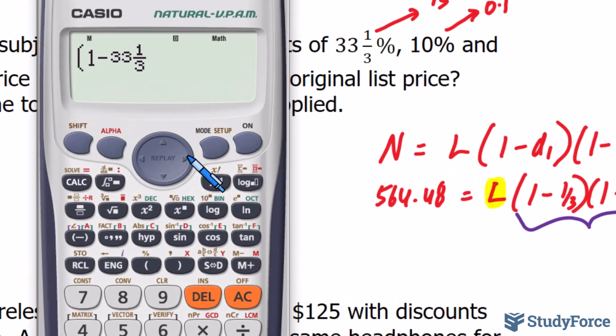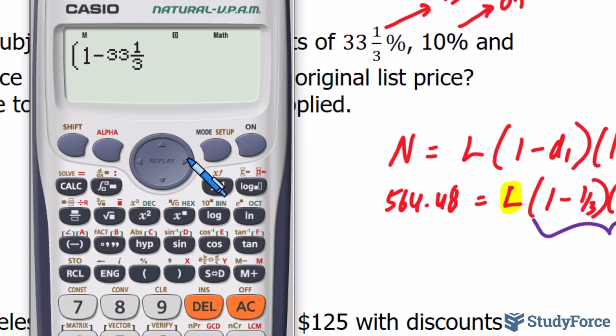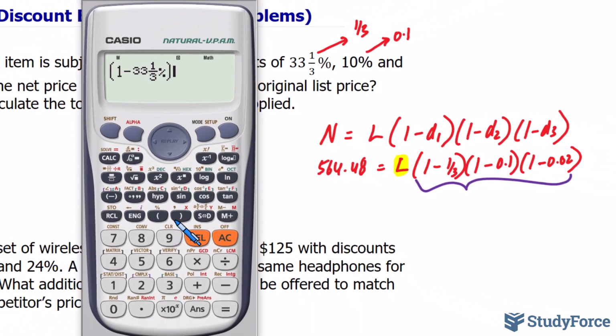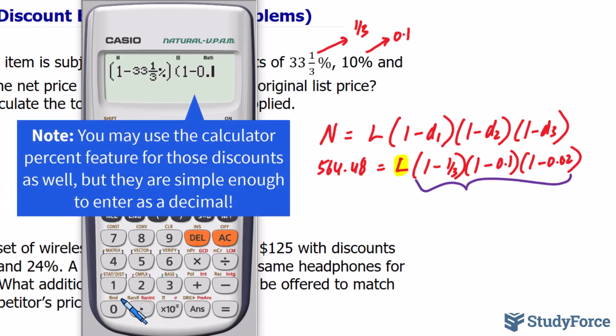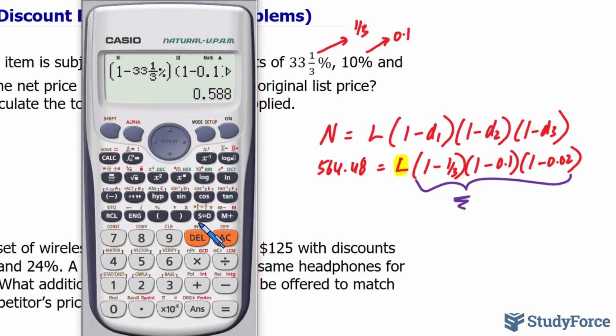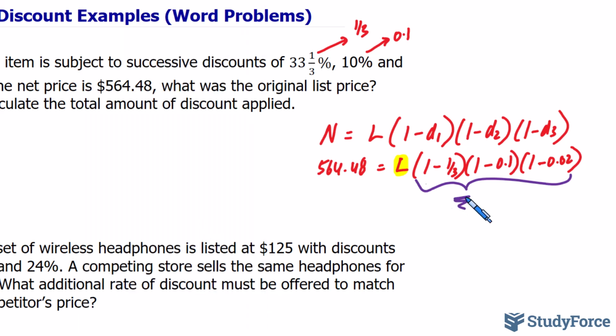And if you see a percentage function on your calculator, use it. So Shift and percentage sign, then close. That's the same thing as writing 1/3. 1 minus 0.1, and again 1 minus 0.02. And so all of this is equal to 0.588.